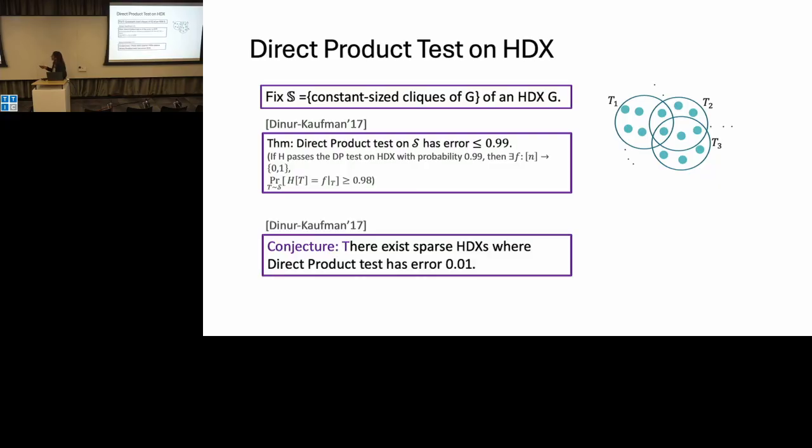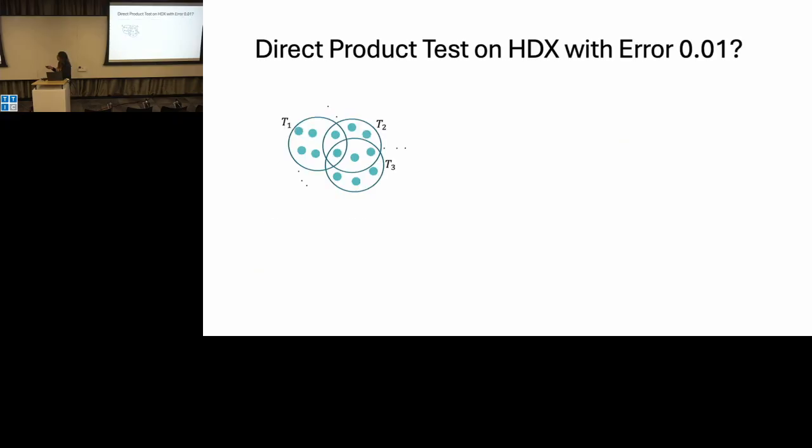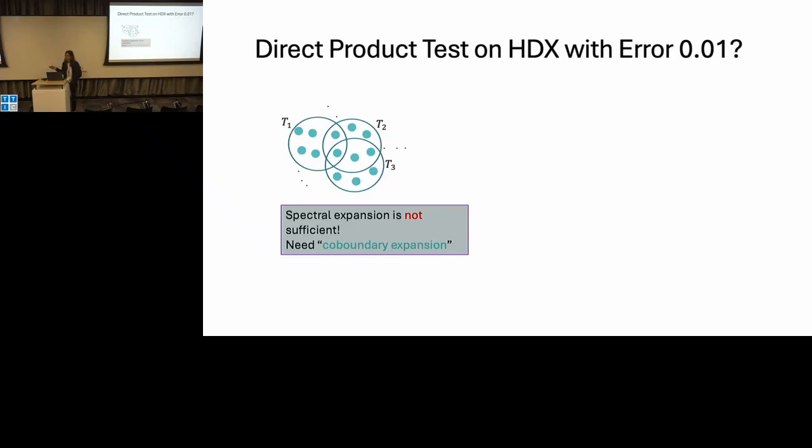So they were not able to get this error close to zero, and they conjectured that there should be sparse HDX constructions where the test has close to zero error. So our first result: we showed that the usual way we define HDX using spectrum, just a generalization of expander graphs using graph spectrum, is not sufficient. You need another notion of expansion called coboundary expansion.